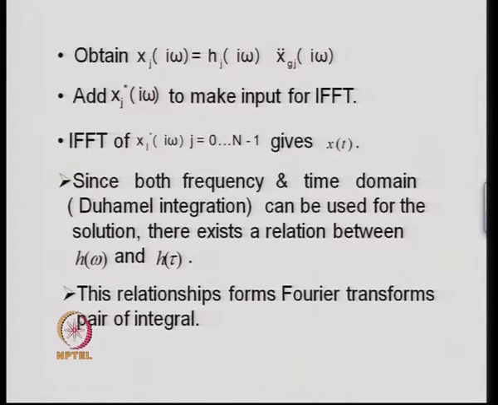Then obtain this quantity, that is Xj(i omega) equal to Hj(i omega) multiplied by x double dot gj(i omega). X double dot gj(i omega) is the frequency contents of the ground motion. Then add appropriately the complex conjugates as I explained before, then put it as an input to IFFT, and the IFFT would give the values of the response in time.